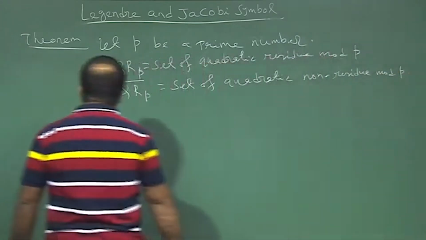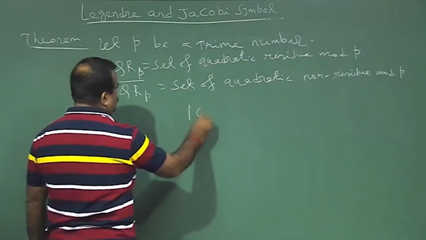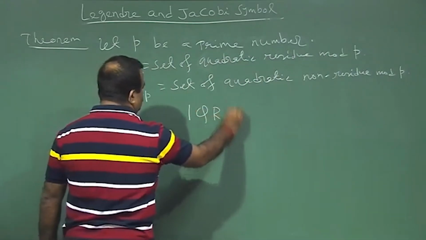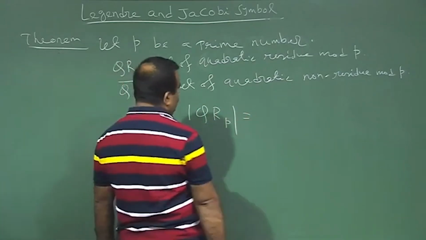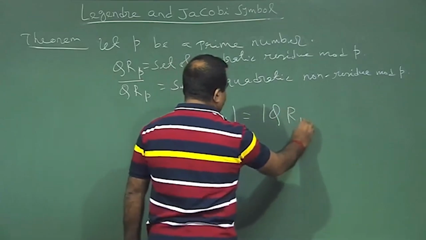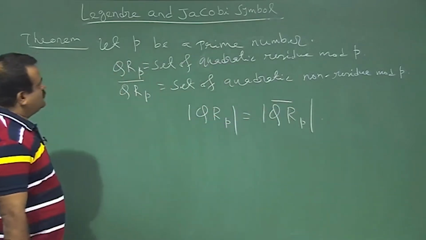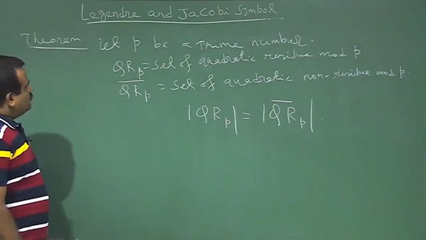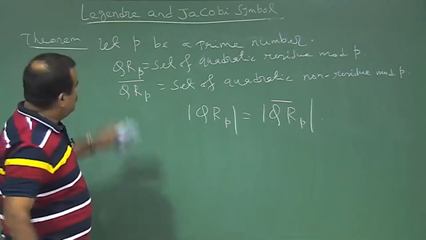Then in this theorem we want to show that the cardinality of these two sets is the same. The number of quadratic residues is the same as the number of quadratic non residues. So, we will prove this theorem. Before proving it, let us take an example.